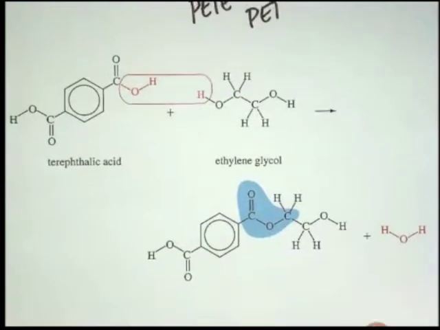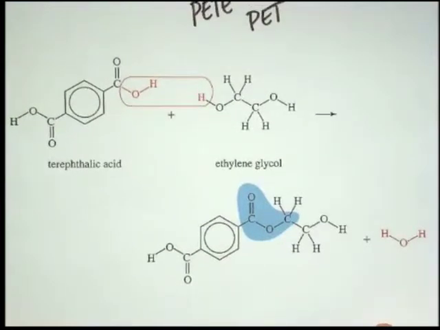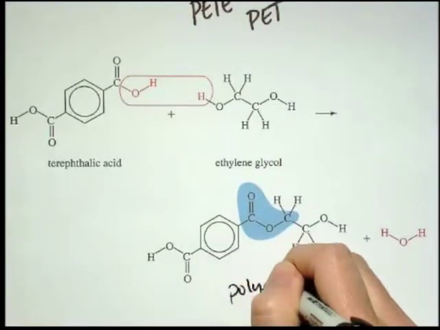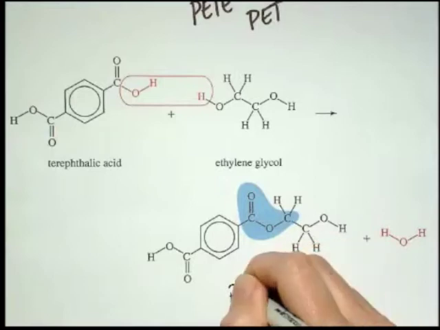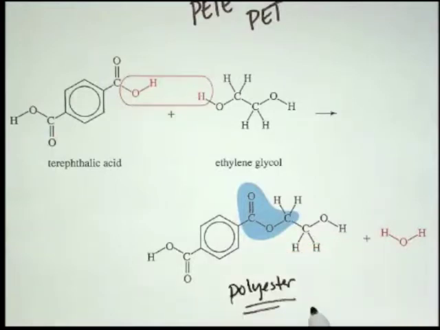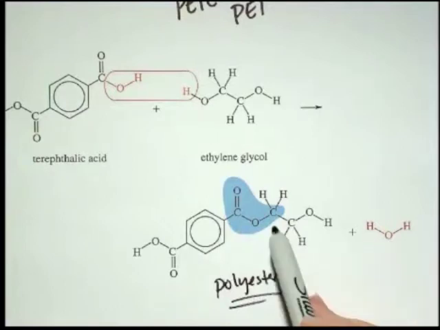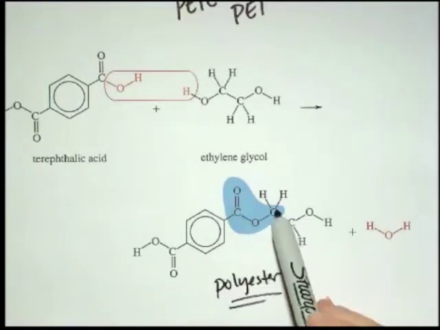So PET plastic, polyethylene terephthalate, is actually a polyester. You've heard that word before, polyester. A lot of fabrics are polyesters. So you can see here the first linkage, the water has split off, and you've created this ester functional group. That's why it's a polyester.